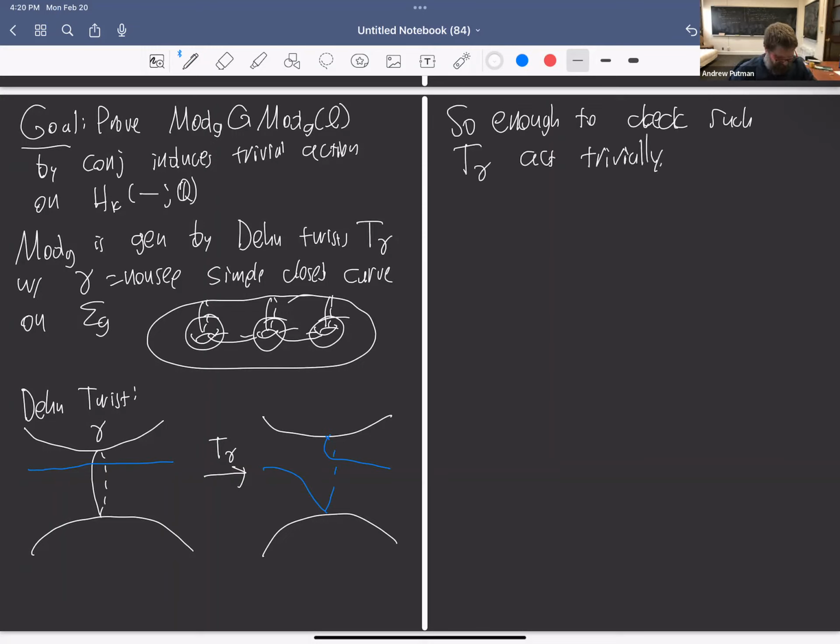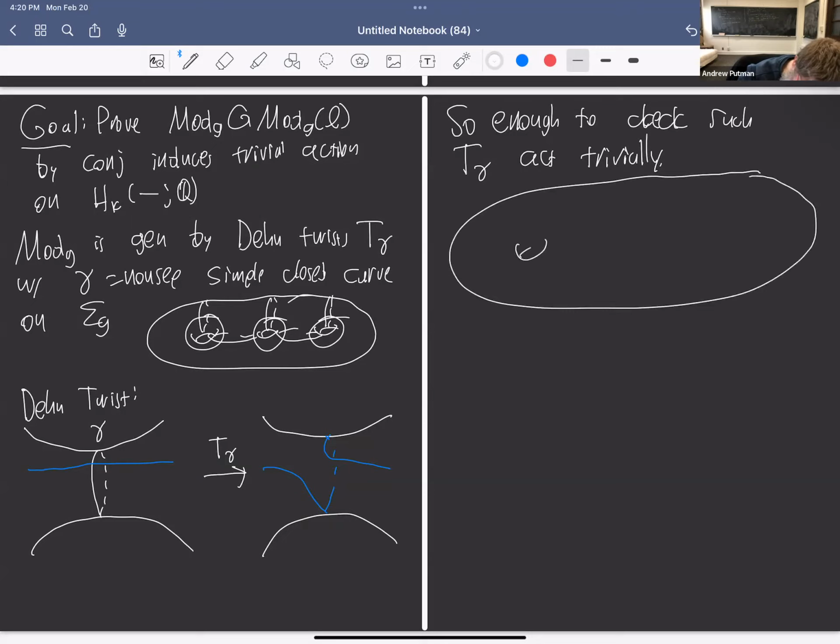And so now comes the one idea here, which says the following. So let's draw this curve right there. Let's say that's the curve that you want to show acts trivially on homology.